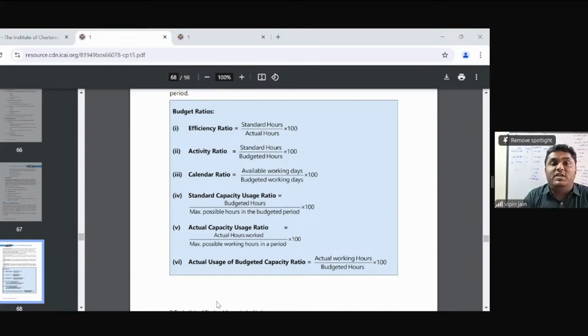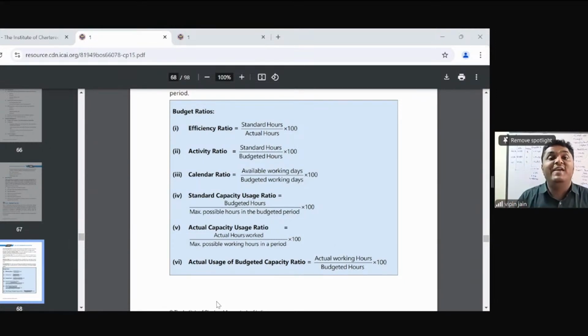That is, the hours that should have been taken for the actual production that happened, that is what we call standard hours. So let's say standard hours are 100 and the actual hours we took are only 80. So the work that should have been completed in 100 hours, we completed in 80 only.